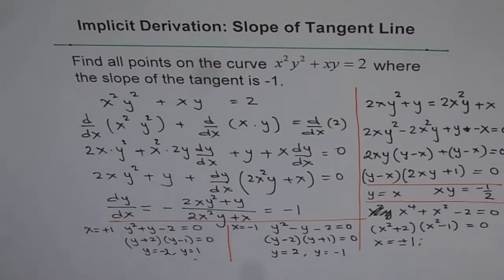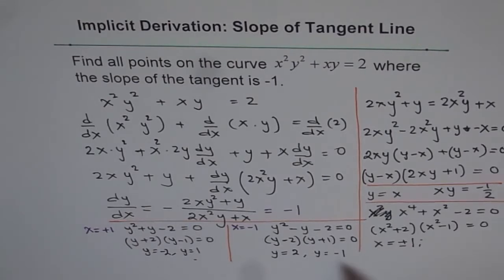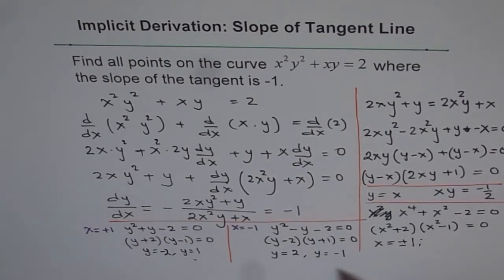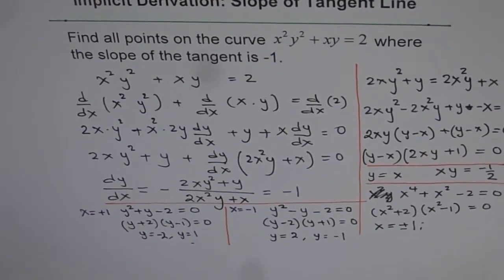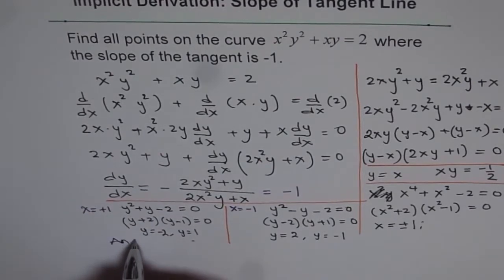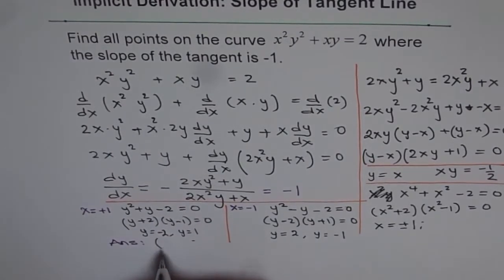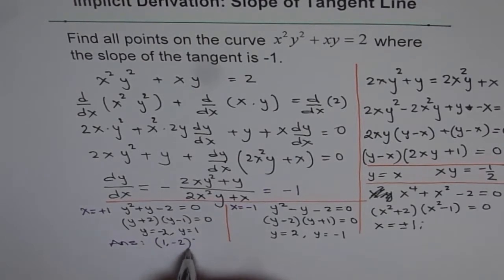So that is how we can actually solve the question. So the points for us are, let me push this page a bit and write down my answer. If x is 1, y could be minus 2.